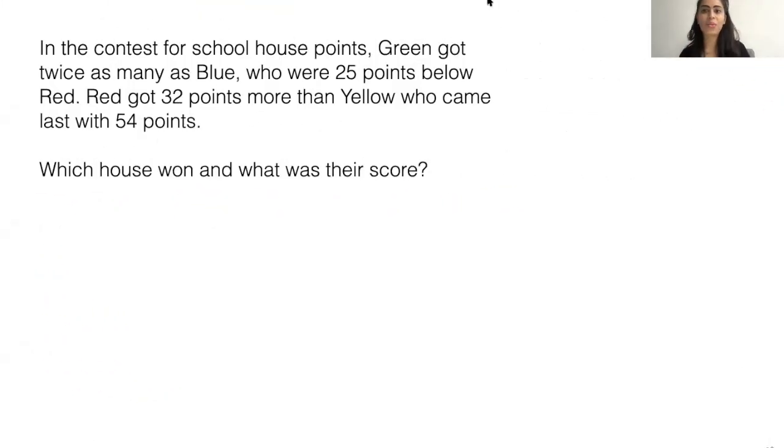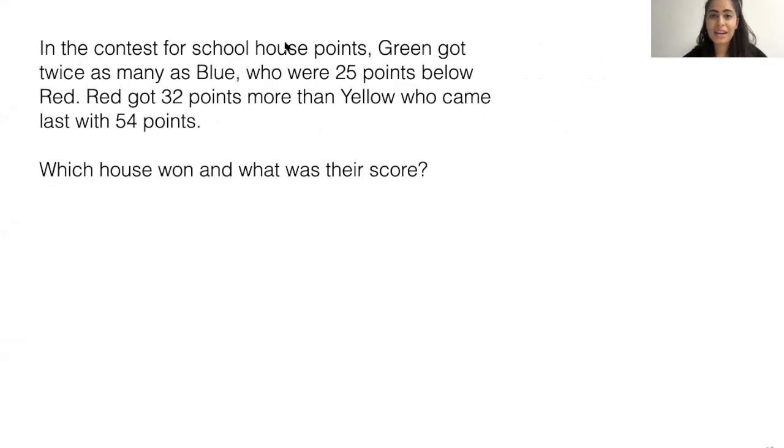Okay, let's try one more question. In the contest for schoolhouse points, green got twice as many as blue, who were 25 points below red. Red got 32 points more than yellow, who came last with 54 points. Which house won and what was their score? Okay, another tricky question.